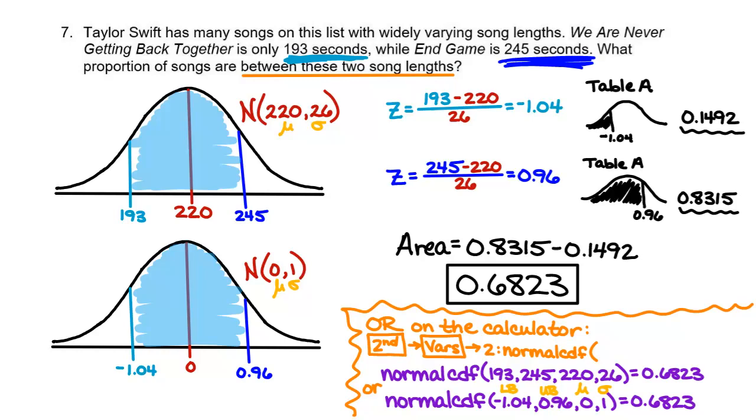We could put in lower bound z-score, comma, upper bound z-score, comma, 0 and 1. You're going to get the same answer either way, or close enough that it doesn't matter. If it's not the exact same, it would be close enough. Before we move on to the next one, what questions do we have?